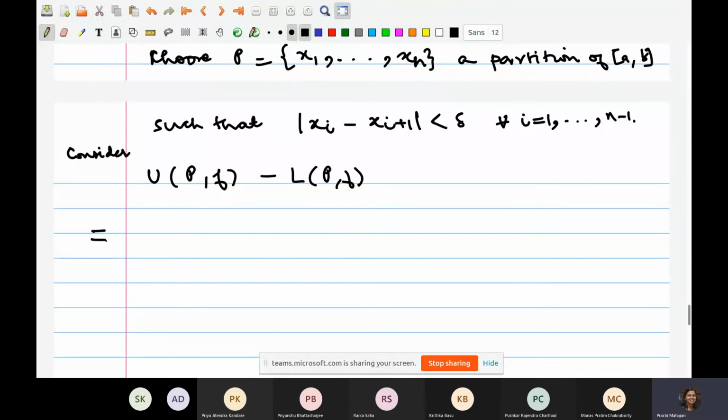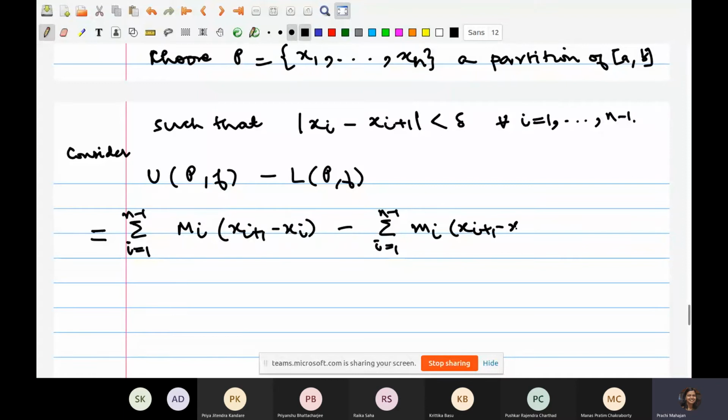By definition, this means what I have: capital Mi times xi plus 1 minus xi, minus little mi times xi plus 1 minus xi.